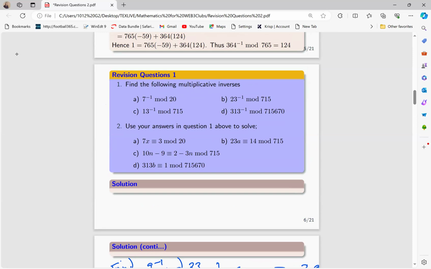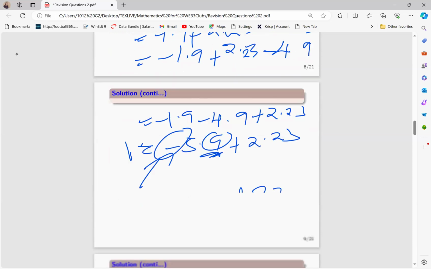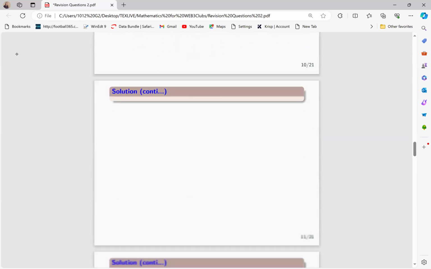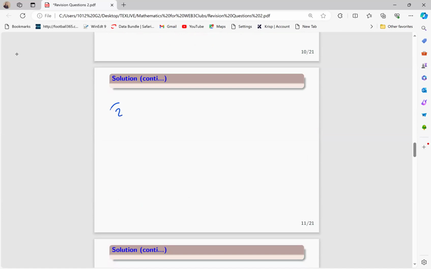Come and give us the inverse of 7 mod 20. The inverse of 7 mod 20.